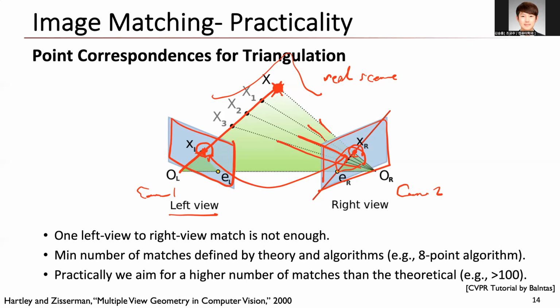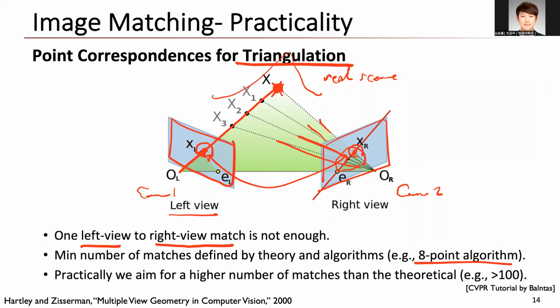This kind of technique is called point triangulation, used to extract the 3D information. So this is using point correspondences for triangulation to recover the 3D information. In fact, one left-to-right view match is not enough to recover a precise 3D model. The number of matches is defined by the theory and algorithm, for example the 8-point algorithm.